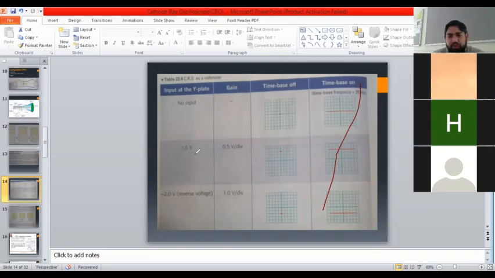Here a 1.5 volt signal is applied and the scale is set at 0.5 volts per division. So is that deflection correct? Second one, signal applied is 1.5 volts and scale is 0.5 volts per division. So is the deflection correct?